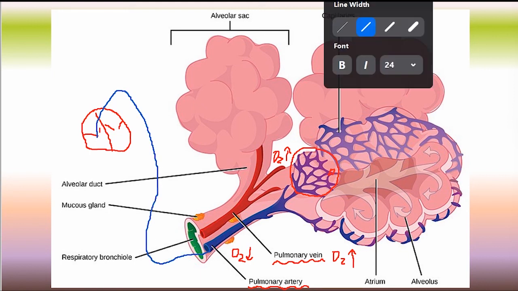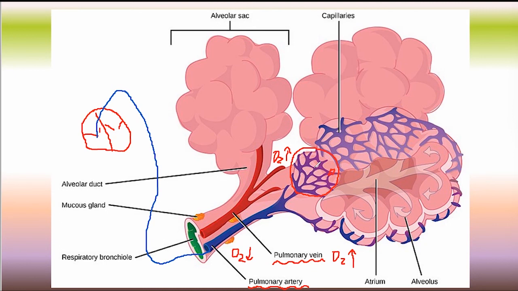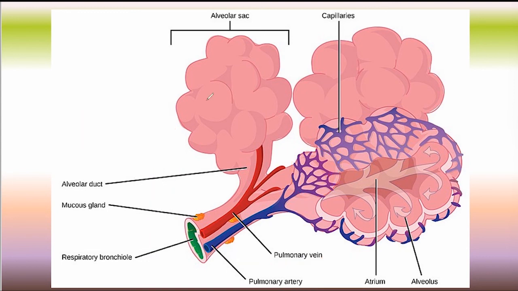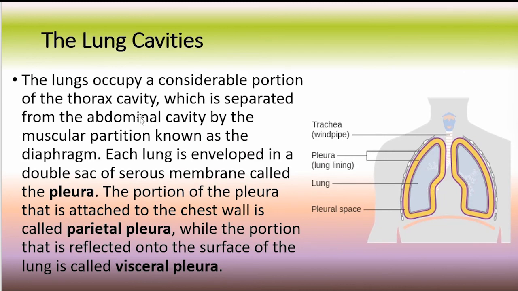Then in the lung alveoli, air exchange happens. Then high oxygen blood returns to the left side of the heart, then is sent through the aorta, the biggest artery, to all of the body. So that's pulmonary circulation. That's our lung part.